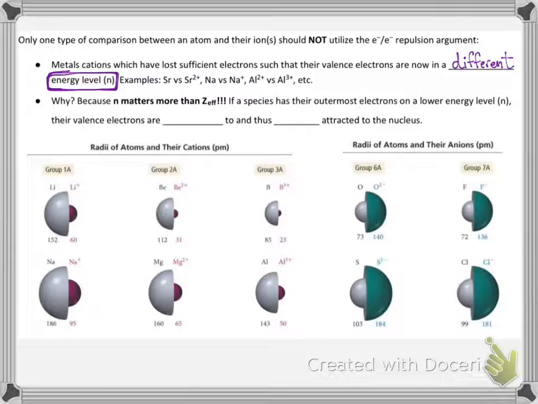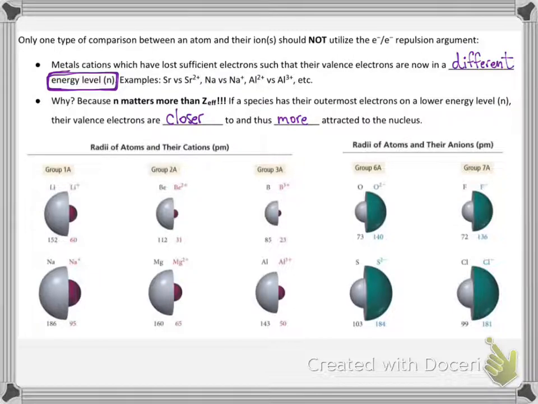Well, that means now their valence level is an entire energy level closer to the nucleus. And as we know, the n, energy levels, matters more than the effective nuclear charge. So if your valence electrons are on a lower energy level, they are going to be closer to and thus more attracted to the nucleus.